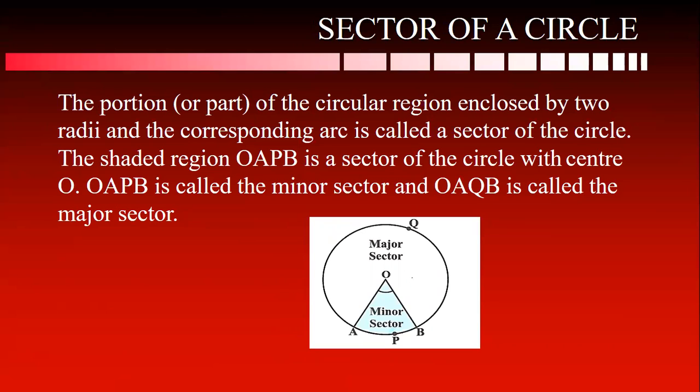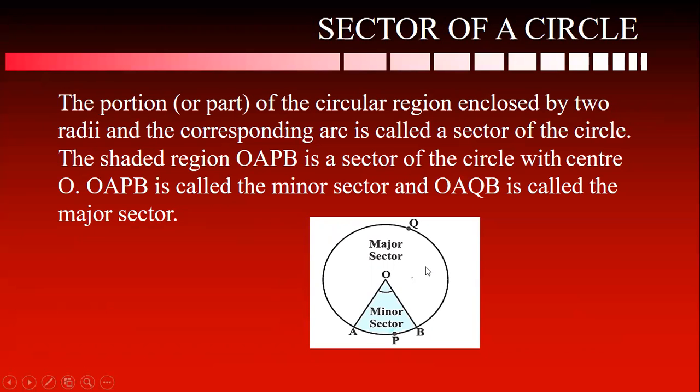Now moving on to the next topic, sector of a circle. You all are aware of all these terms. We have already seen them in the circles chapter also. The portion of the circular region enclosed by the radii and the arc. Here the radii are OA and OB, the arc APB. So this shaded part is called the minor sector because it is small, and the other part is called the major sector.